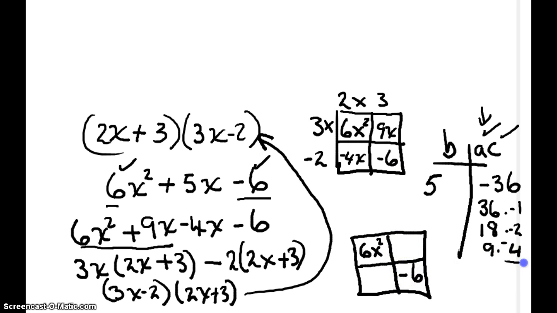And you now know that it came from 9x and negative 4x. Okay, so now you just look across and you find the GCF. The GCF of 6 and 9 is 3x. What times what will give me 6x squared? 2x. 3x times what will give me 9x? Plus 3.